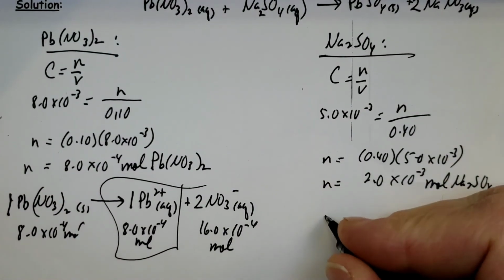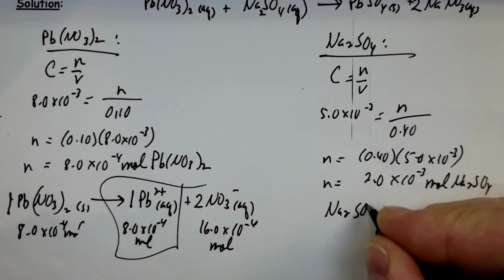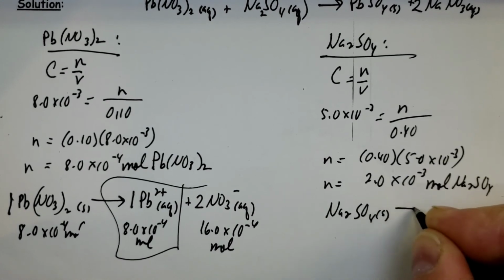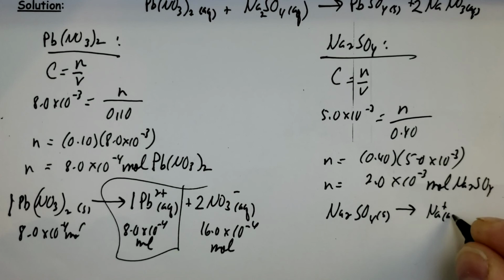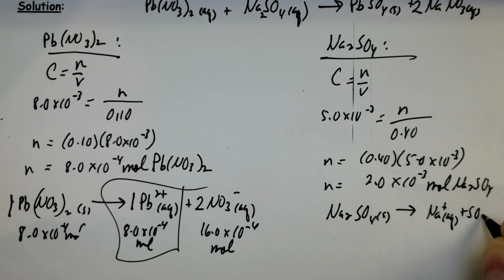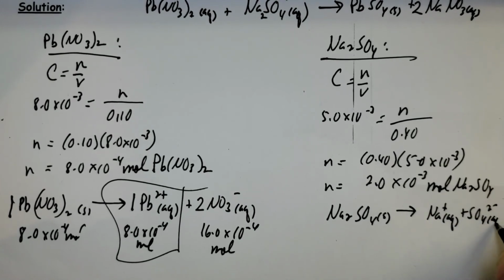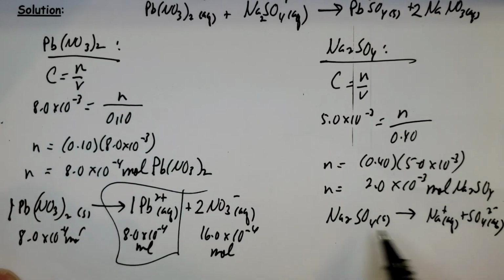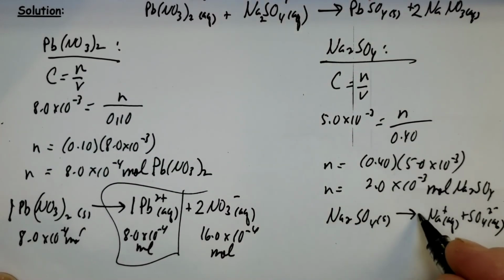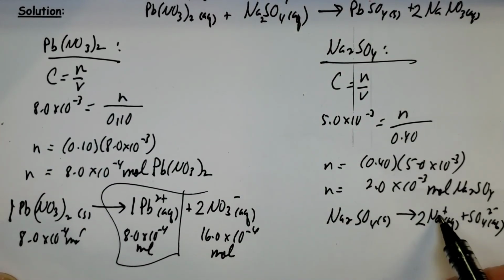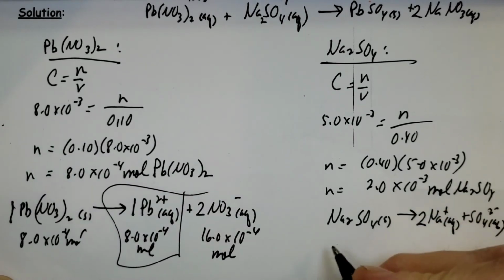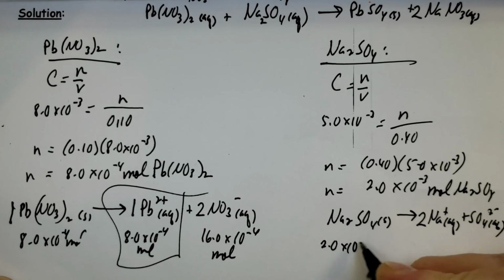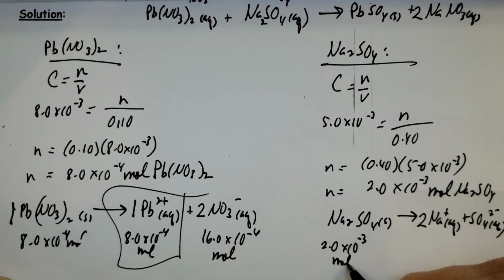And doing the same thing here with sodium sulfate. Sodium sulfate in solution breaks down into sodiums and sulfate. Okay, and I need 2 of them here. For every 2, because this is +1, this is -2, so I need 2 sodiums. And according to this, I have 2 times 10 to the minus 3 moles of sodium sulfate.